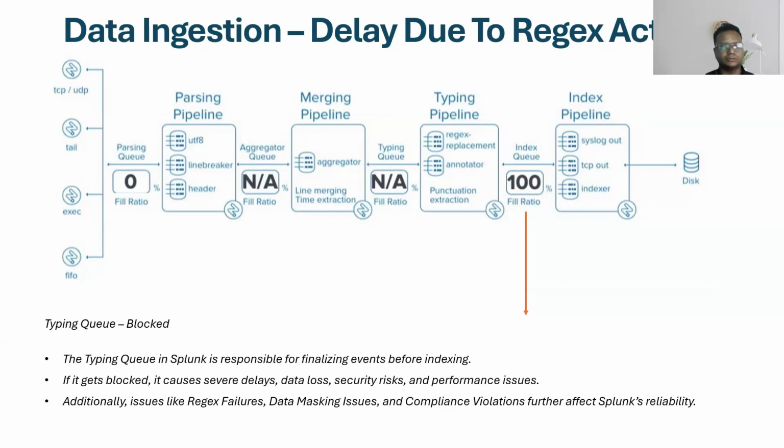It will go to the null queue. So we will drop everything except error, and it will not get indexed. In order to do that, we need to write regex.